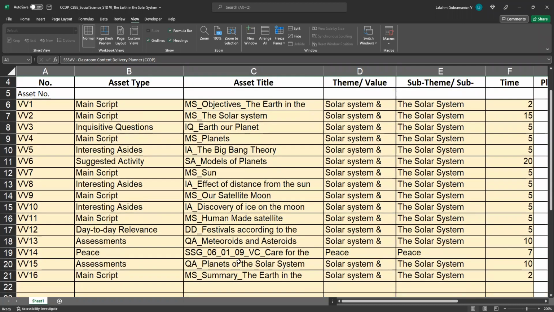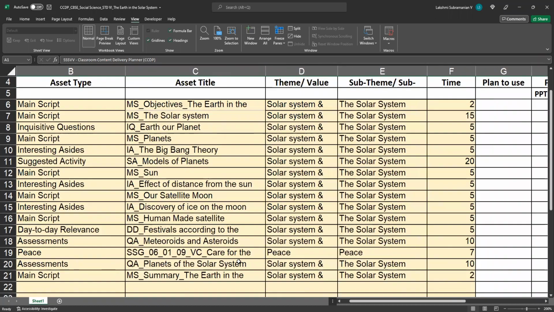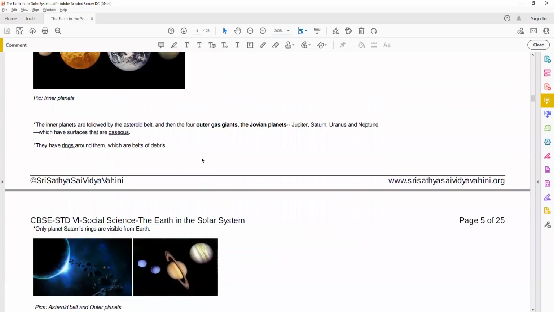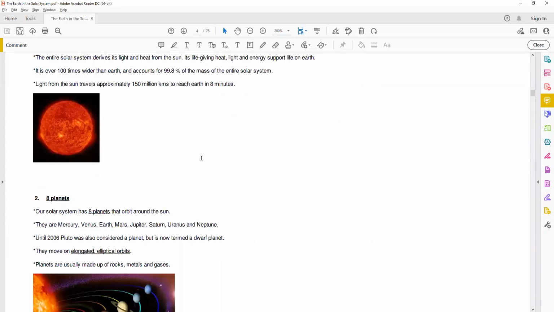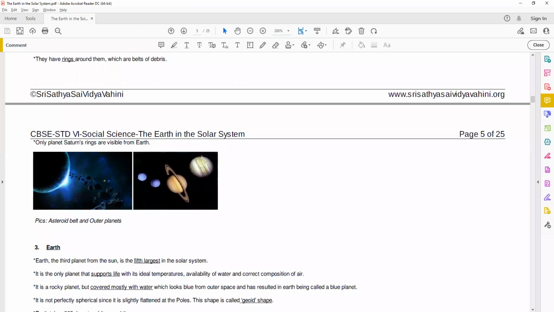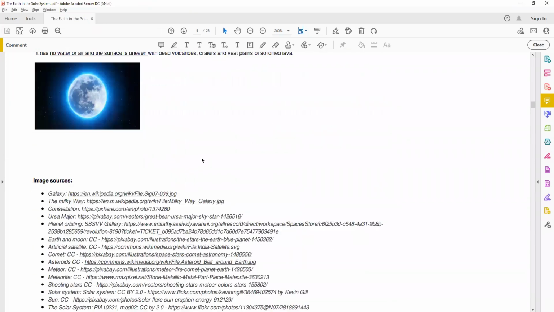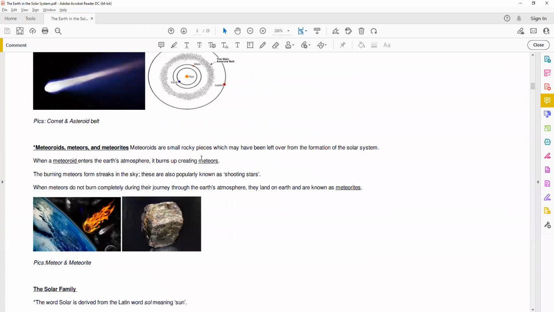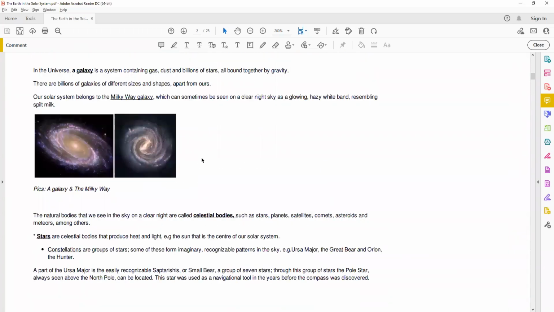This is what is required, this is what is available in the system, and we also tell you the duration. This main script, MS Solar System, is 15 minutes, because it talks about all the planets, some information about the planets, the sun, planets, asteroids and meteoroids and everything, right? So you will need 15 minutes to speak about this in the classroom.